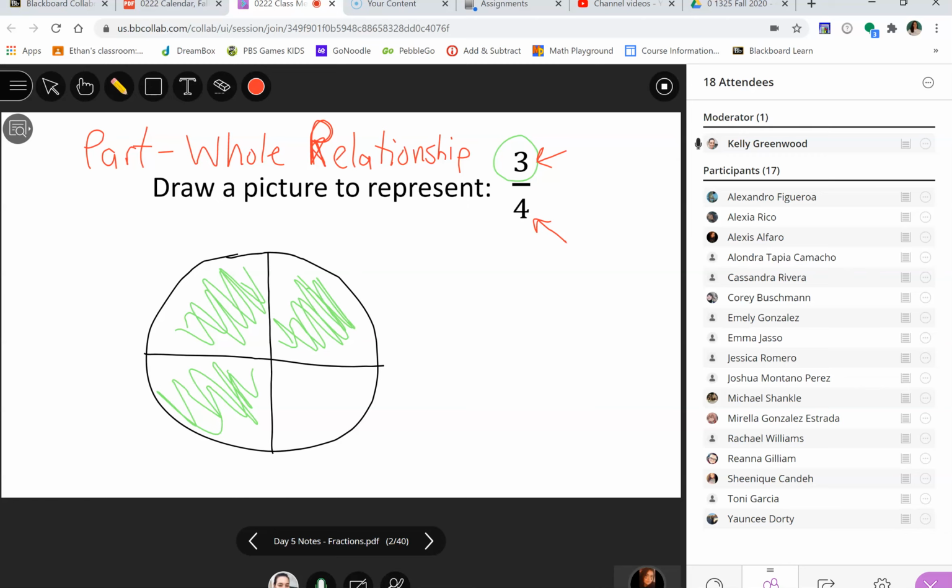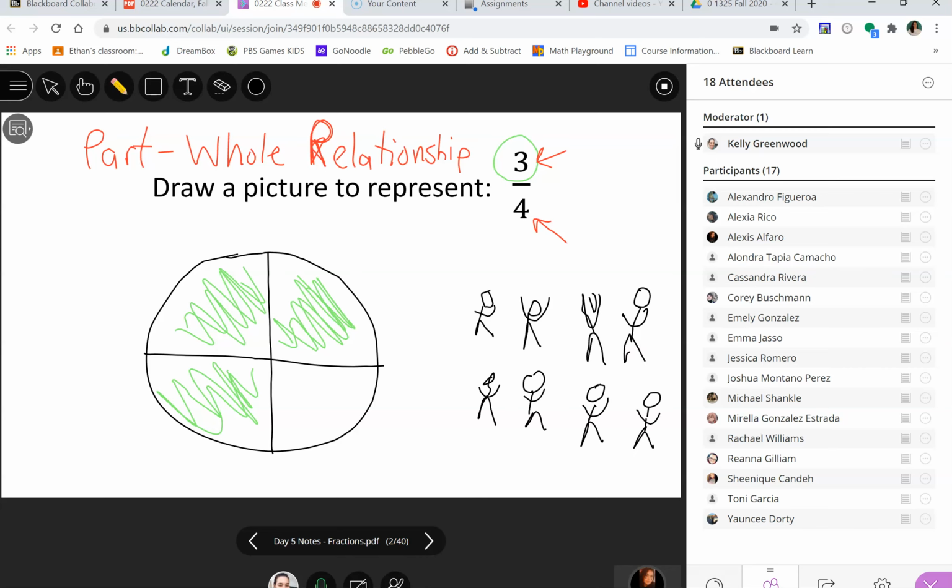So when you see a fraction in a word problem, stop yourself and ask, what is that fraction referencing? Because for example, if it was 3/4 of a class, let me draw some students here. Let's say I have a class with 8 students. So the whole is this class of 8 students.